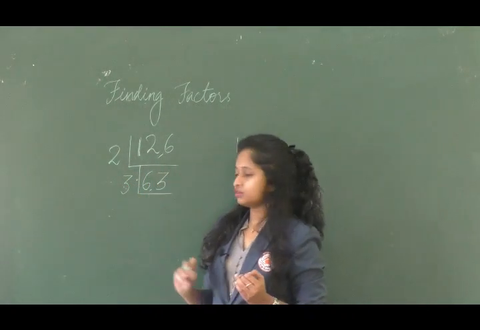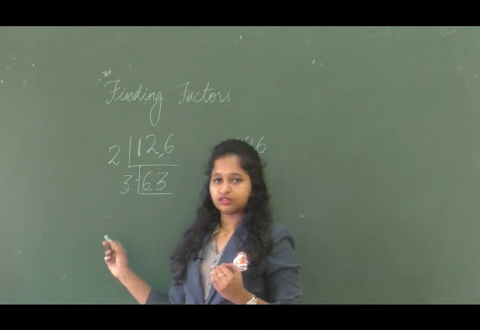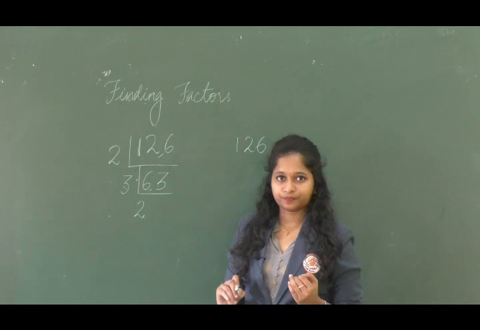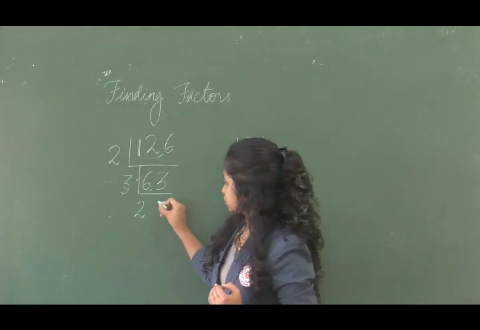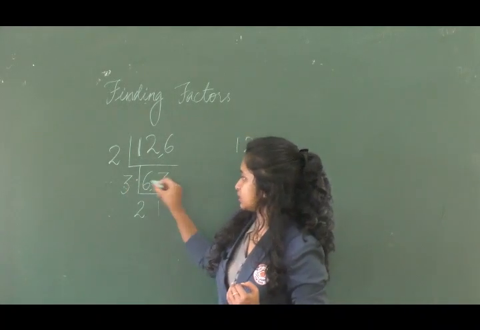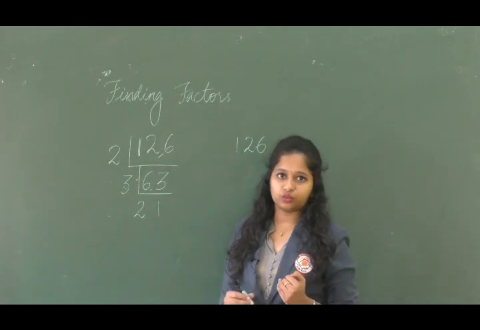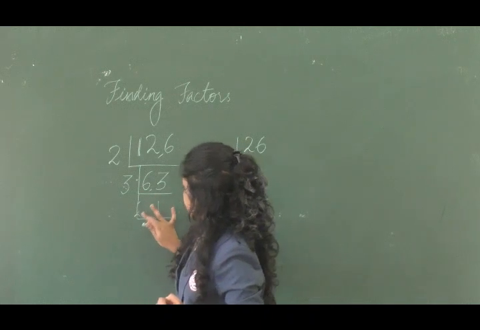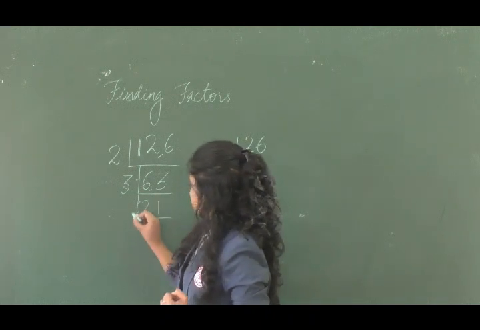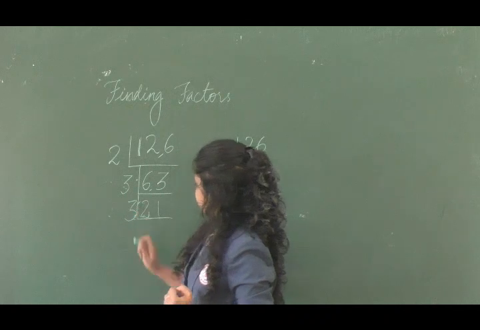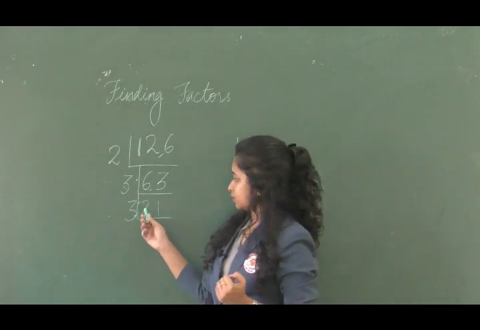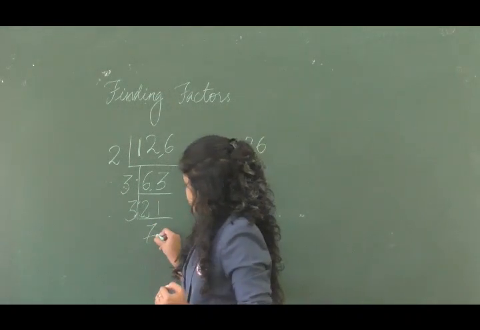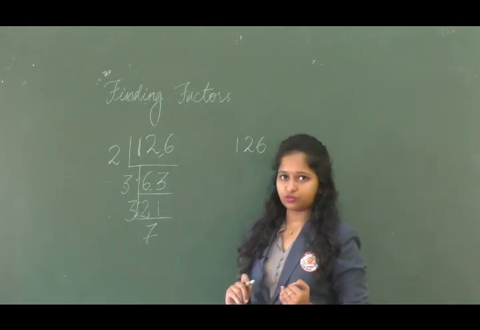Take the first number 6. 2 into 3 is 6. And 1 into 3 is 3. So we got 21. 21 is again divisible by 3. How many times? 7 times. 7 into 3 is 21.